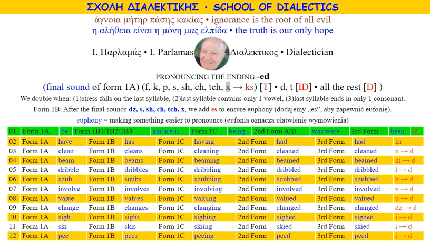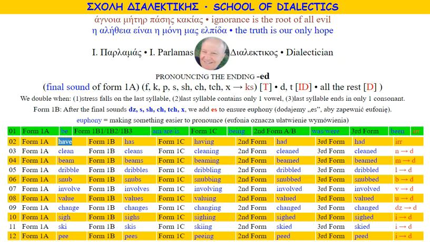All right, now every English verb has 5 forms: form 1a, form 1b, form 1c, the second form, and the third form. Let's explain. Form 1a has 2 functions. One function is the infinitive, bezokolicznik, and the other function is the present simple.